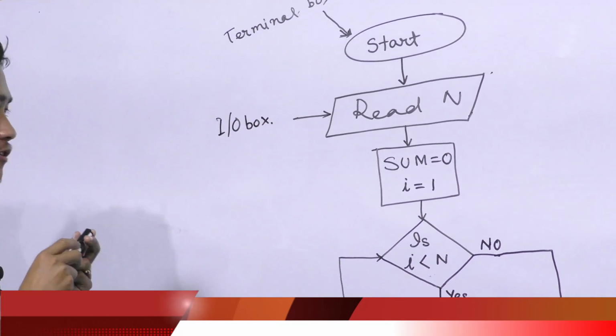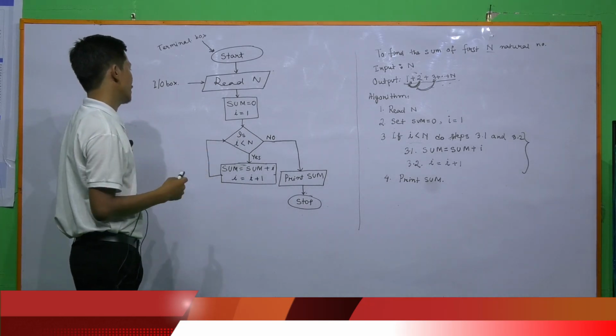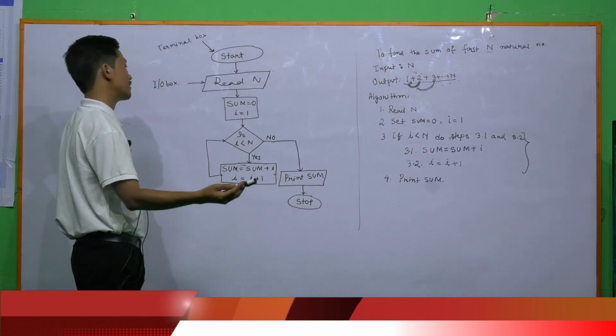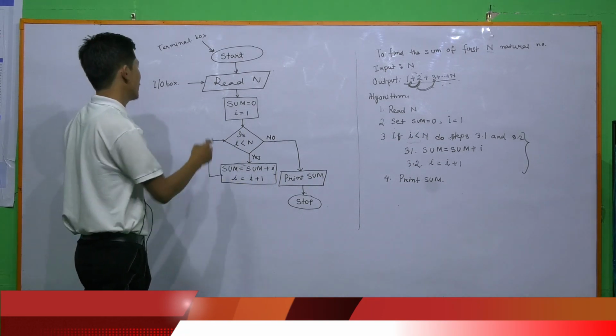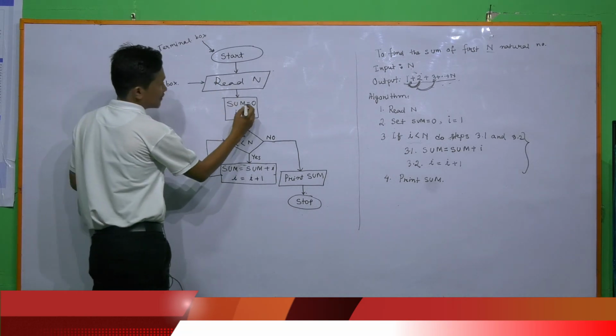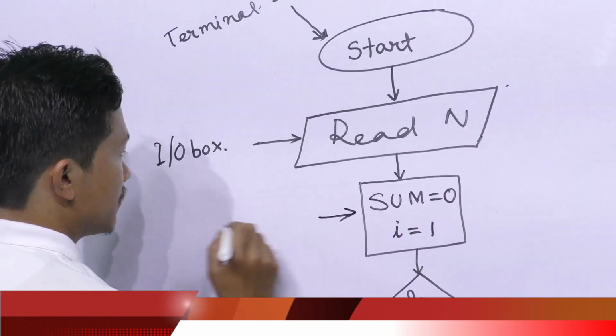Whenever some input has to be read from the keyboard or from some disk, or some output has to be printed on the monitor or in the printer, we have to use this parallelogram shape box. And this rectangular shape box is known as the process box.